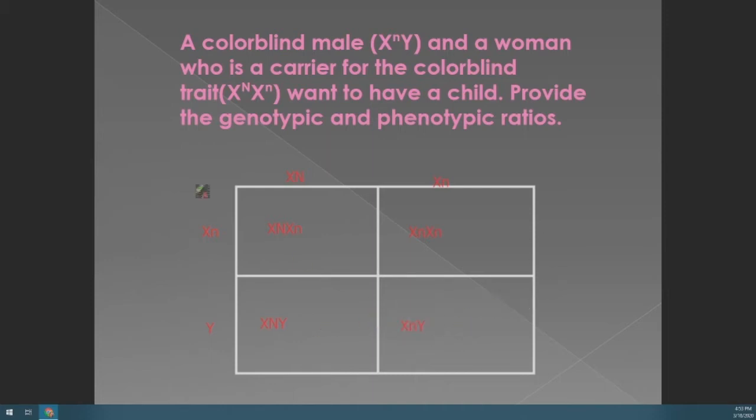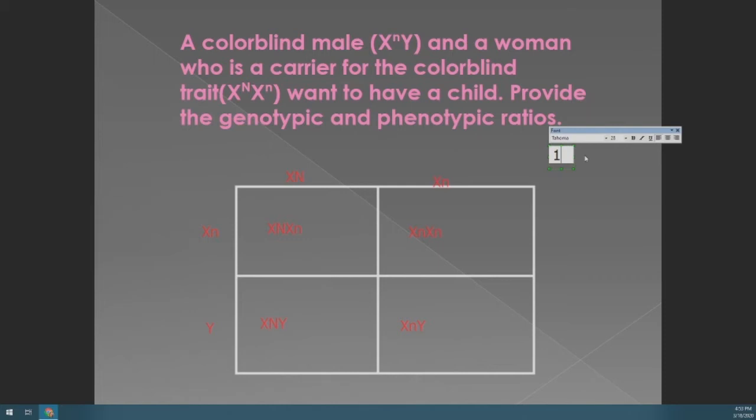So when we look at these, we know we have two females. Obviously the top are both female, and the bottom two are both male, XY, XY, XX, XX. So we're going to come over here and do our genotypic ratio. So when we look at this, all four of these are different, so it's going to be pretty easy to do.